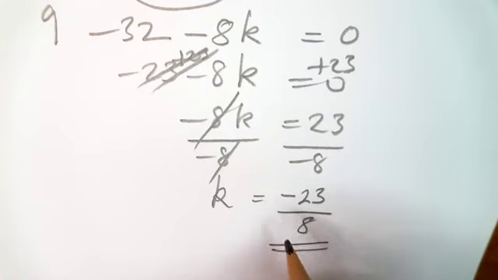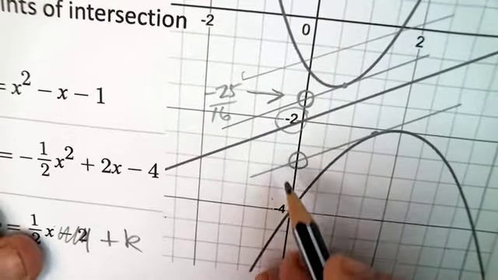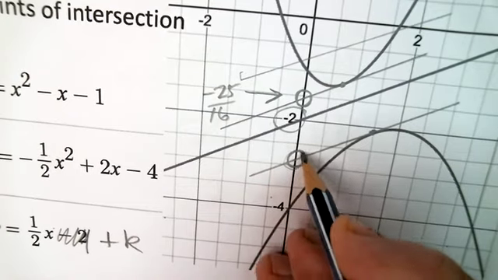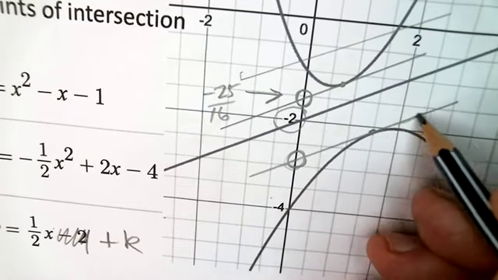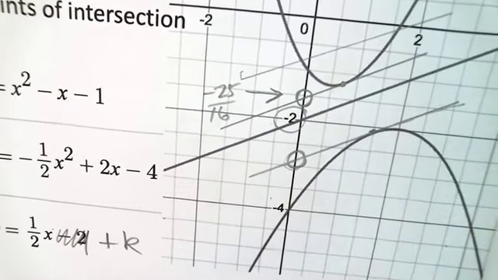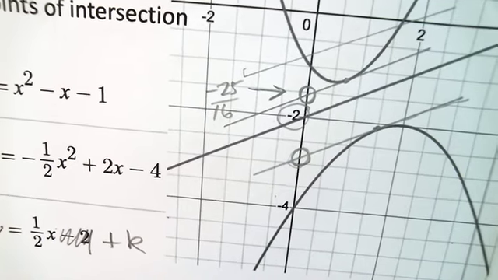That is the value which the y-intercept would be for the line y equals 1/2 x. You add on the negative 23 over 8, and then what you've just found is the y-intercept for a line which will touch this parabola at only one point. And that's what we've found.